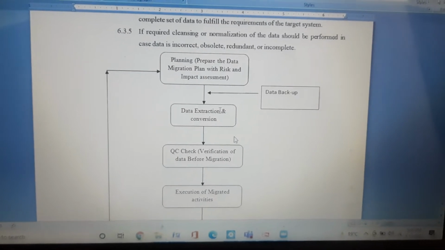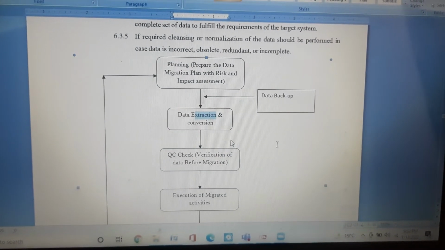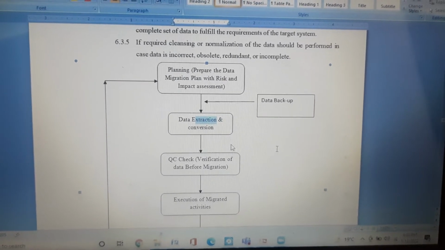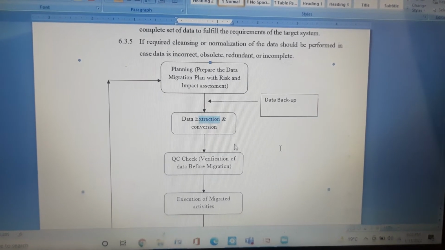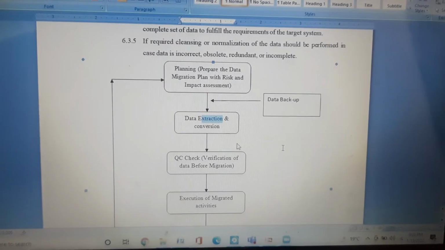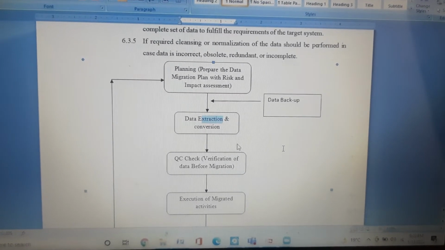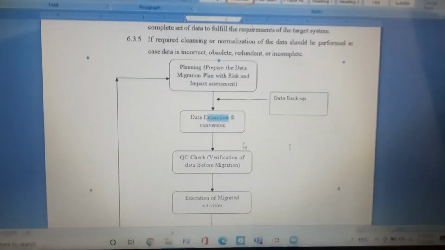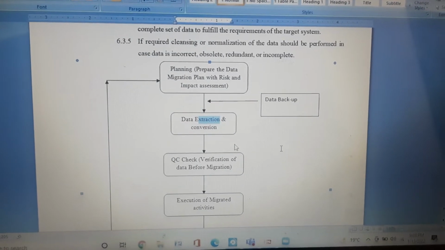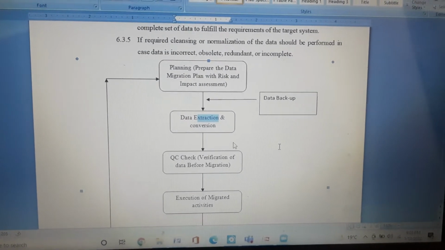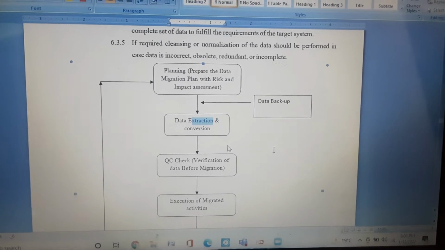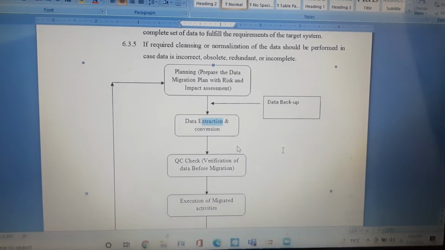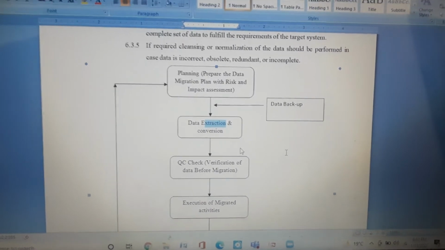Data extraction means you have to filter. If you do not want to migrate the whole data from one system to another, and only want to migrate selected data, like one year of data, or only a particular type of data, maybe the personal data, whatever it may be, then apply filters, and based on those filters, select the data and transfer it.